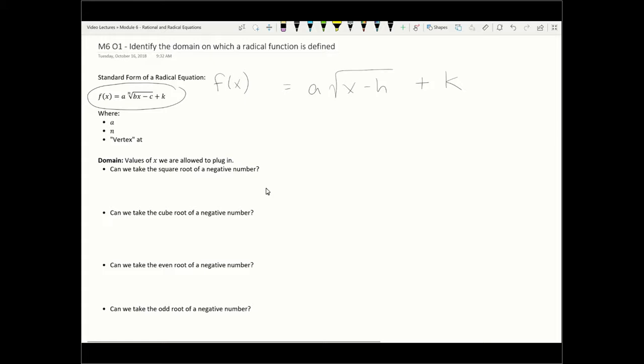And we'll look at exactly what that looks like in the next video. And then this h and k is going to be a vertex. And again, we're going to look at exactly how this works in the next video. But we can talk about some of these things here.